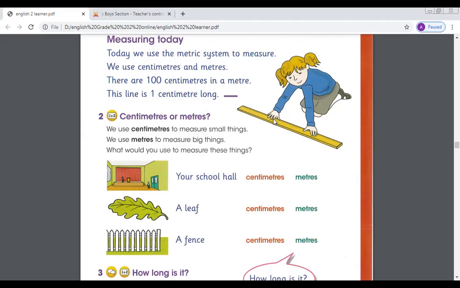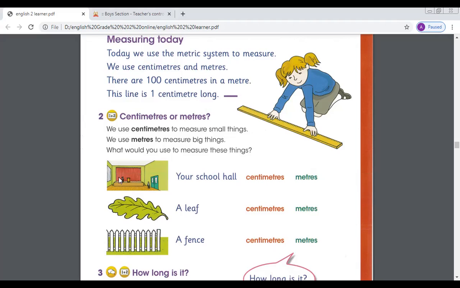Number one, centimeter, meter, and kilometer. But here he didn't give you kilometer, he gave you centimeter and meter only. If the thing is small, we measure in centimeters, and we write cm. This is centi, c, and m, meter. C and m, this is centimeter.